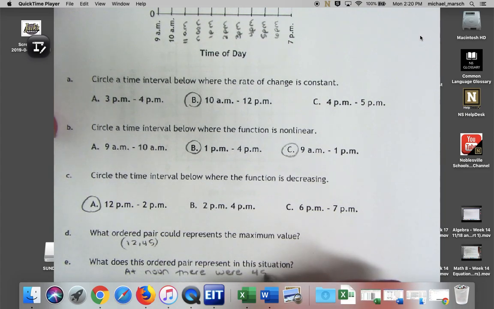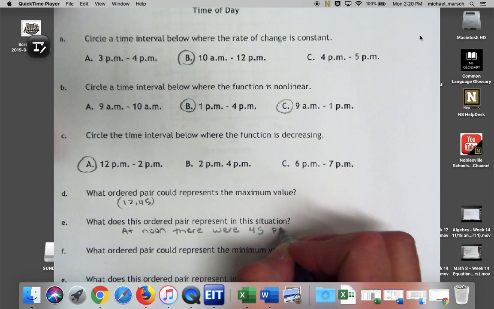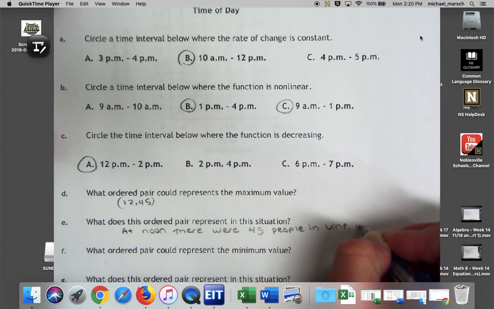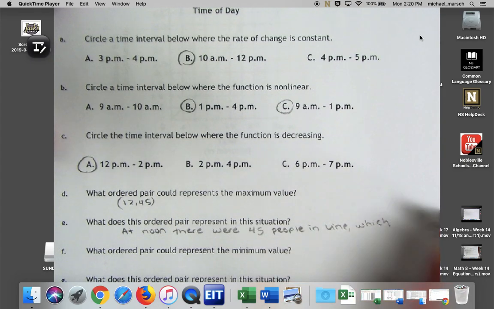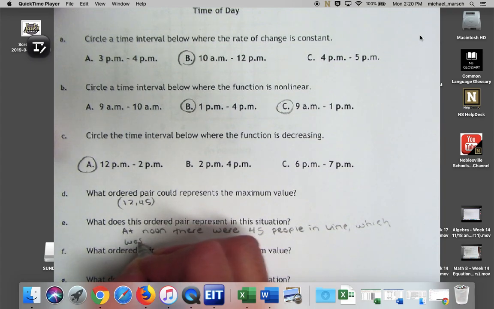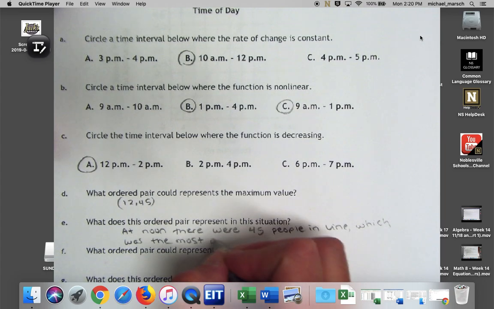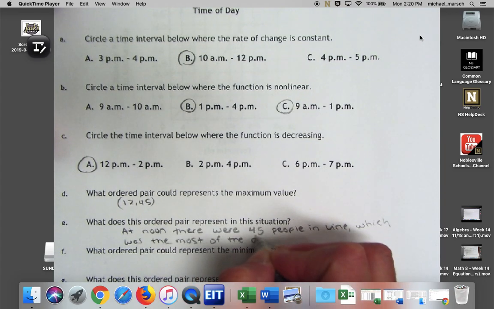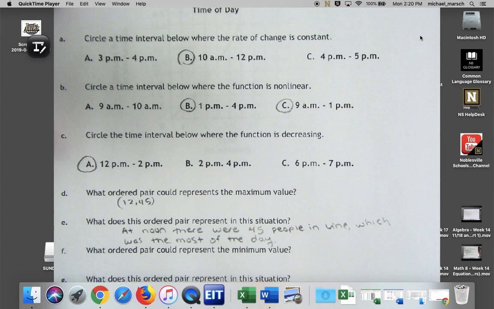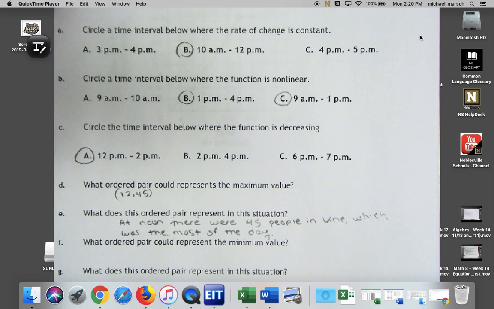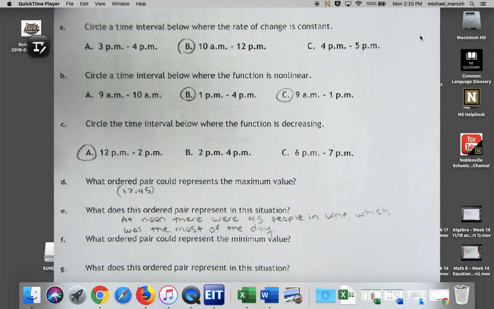At noon, there were 45 people in line, which was the most. Maximum, most of the day.